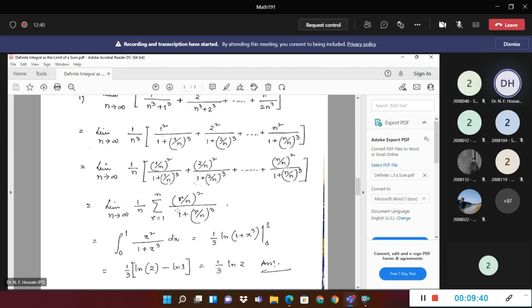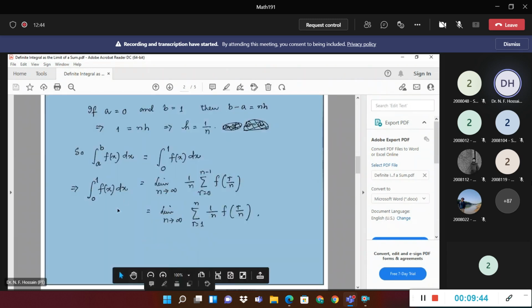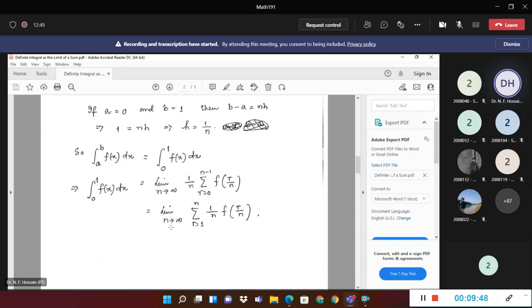So by the definition of the definite integral, you see this was the definition here. In limit n tends to infinity, sum over r equal to 1 up to n, 1 by n, f of r by n, it is integral 0 to 1 f of x dx.